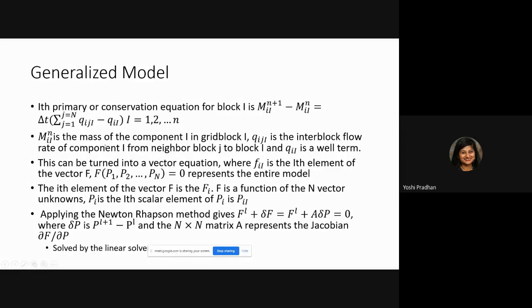Here m is the mass component of the i grid block, q_ij is the interblock flow rate component from the neighbor grid block j to block i, and q_i with the capital I is a well term.